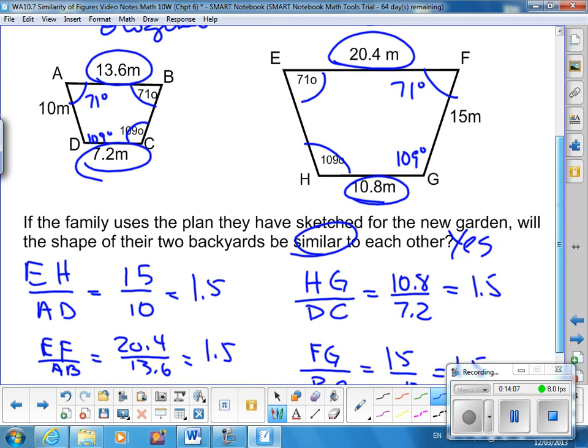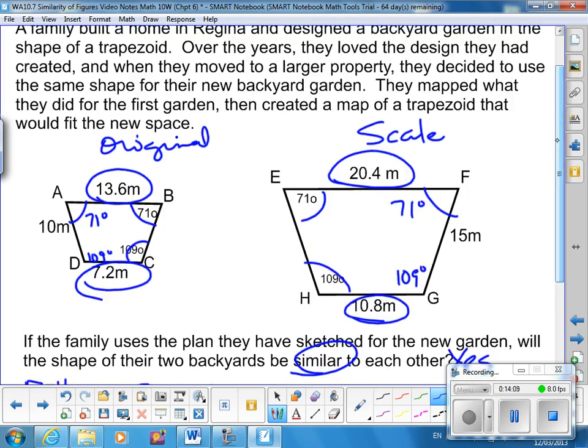If I was going to write down the two shapes, I would say that ABCD is similar to EFGH. Okay, double check to make sure you did it right. Angles A and E are corresponding, and AB corresponds to side EF, and CD corresponds to GH. So you've written it correctly.